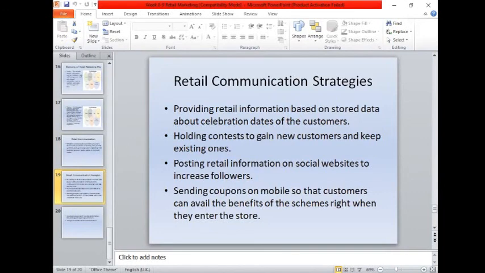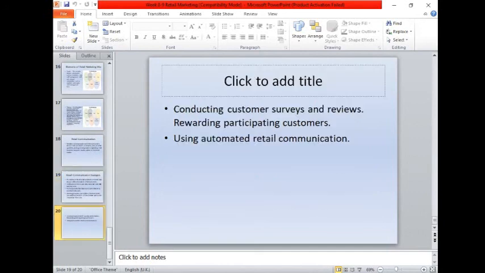Posting retail information on social websites to increase followers, as I've already mentioned. Sending coupons on mobiles so that customers can avail the benefits and scheme rights when they enter the store. It is applicable for online retail like Lazada and Shopee, because those coupons are vouchers. When you buy online, you can use the voucher and be discounted on the shipping and even the cost.